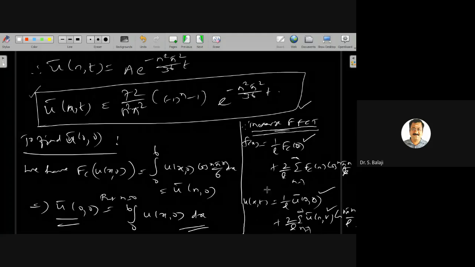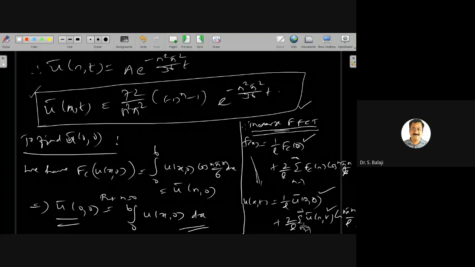From this, if you want to convert in terms of u(x, t), f of x is u(x, t). N equal to 0 means u bar of (0, t), which is the initial condition, u bar of (0, 0).